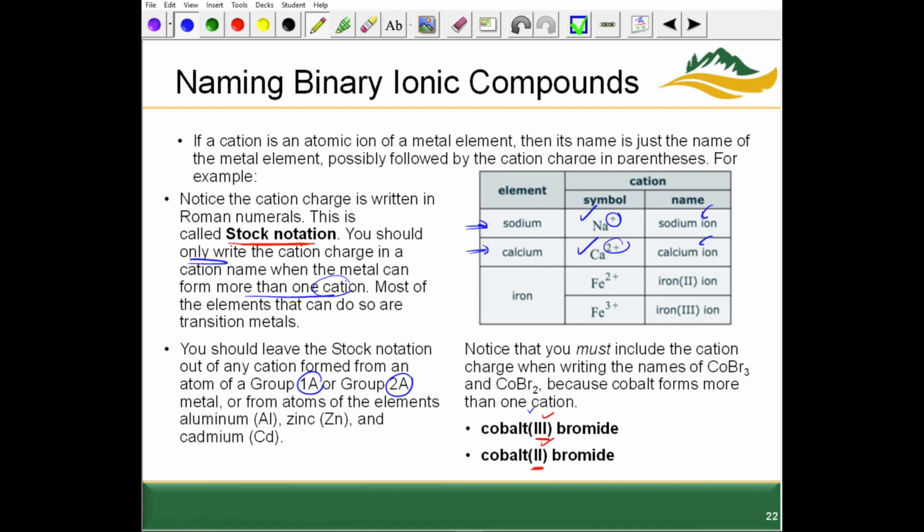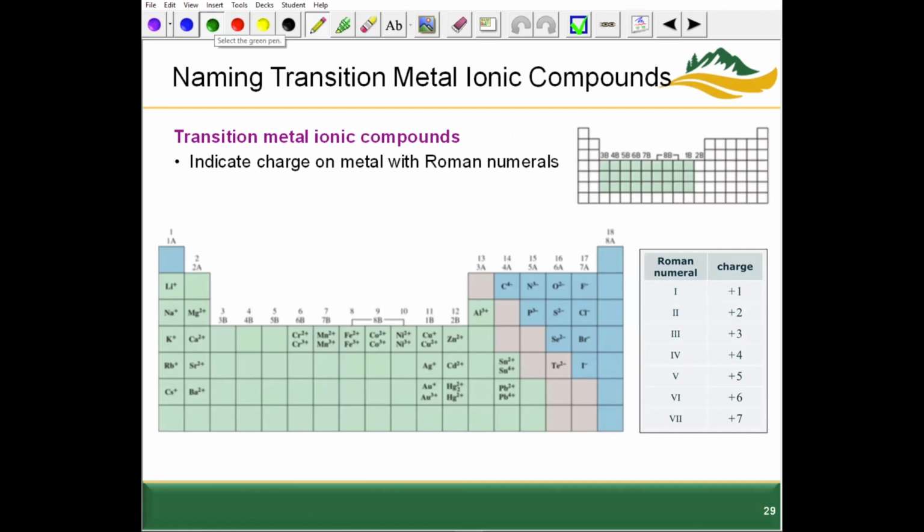So group 1A and group 2A, we don't write in those parentheses. Other elements that only form one type of cation, aluminum, zinc, cadmium, and also silver should be included there as well. So again, these always form +1, these always form +2. Zinc, aluminum, silver, and cadmium, those can also only form one kind of cation.